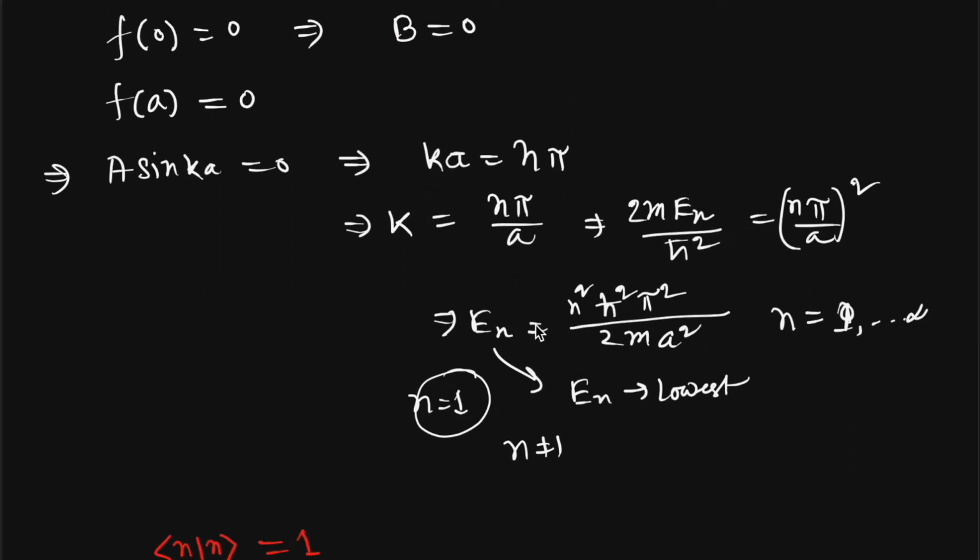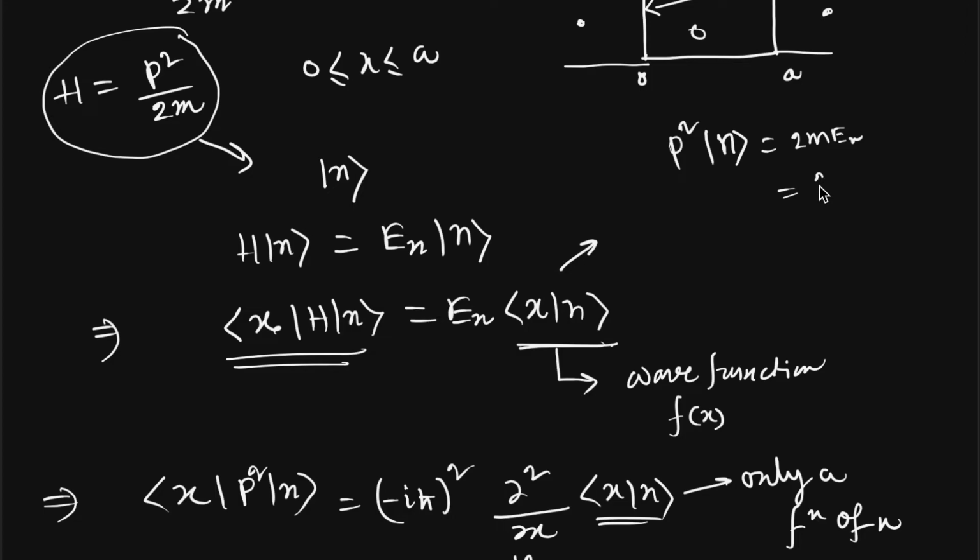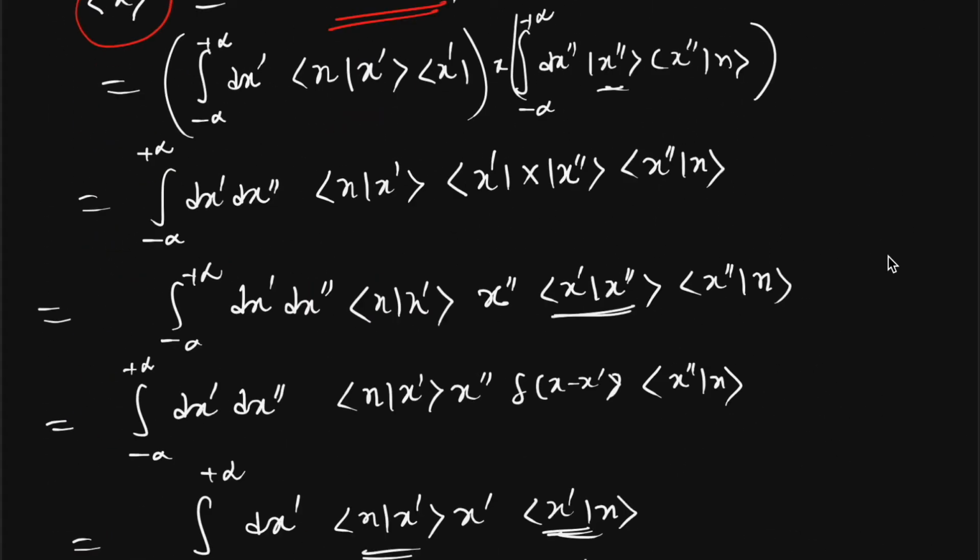We know that energy is n square h cut square pi square by 2m a square, so that gives 2m n square h cut square pi square by 2m a square, that is n square h cut square pi square by a square. So we get the right thing.